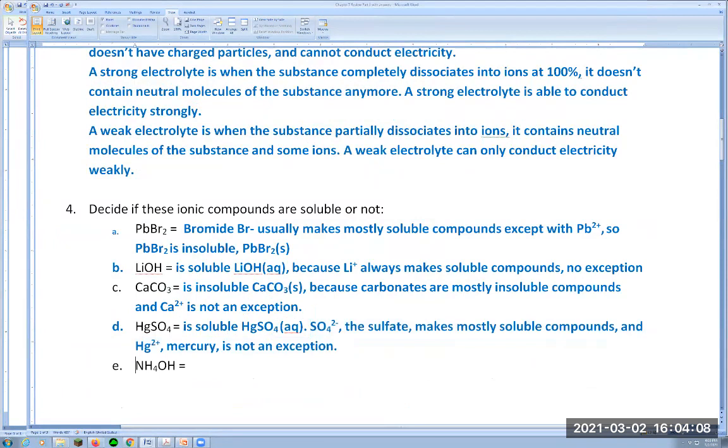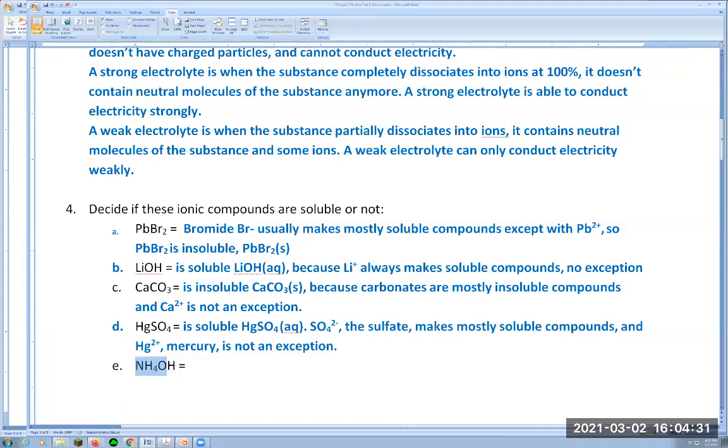Now, NH4OH. Even though it's only made of nonmetals, nitrogen, hydrogen, oxygen, hydrogen again, it's written specifically like this so that you recognize NH4 as the ammonium ion and then OH minus as the hydroxide ion.